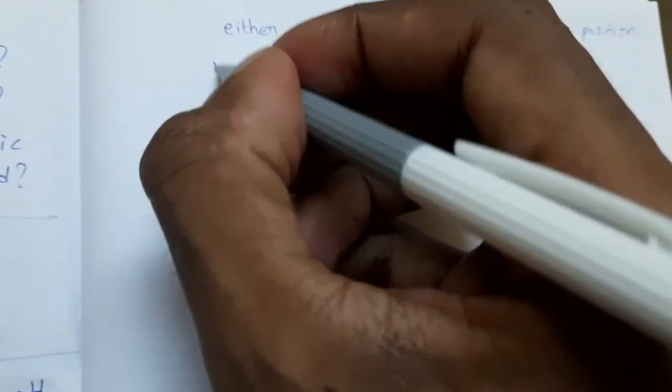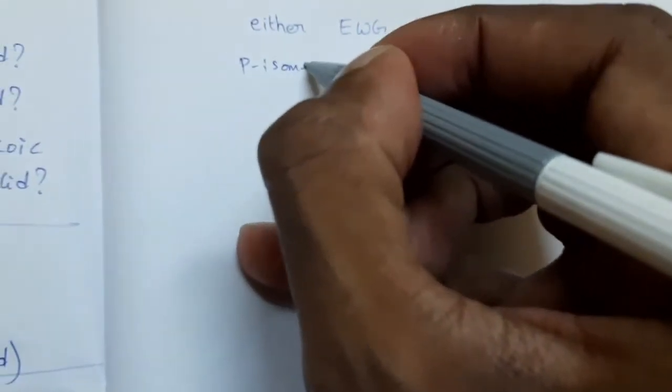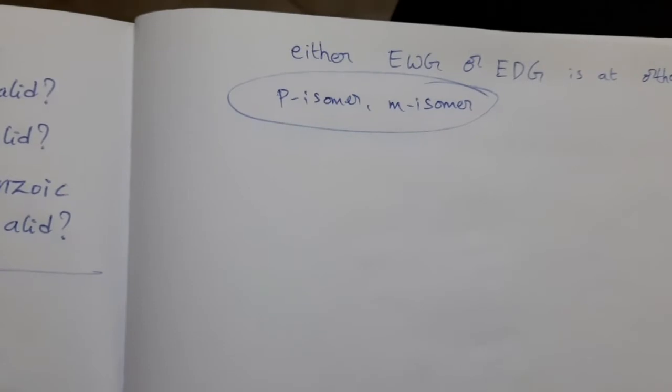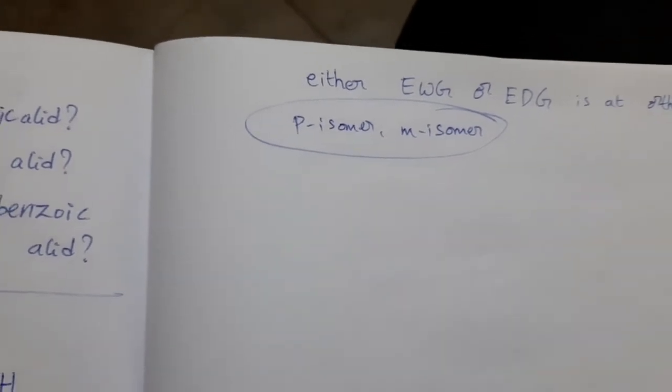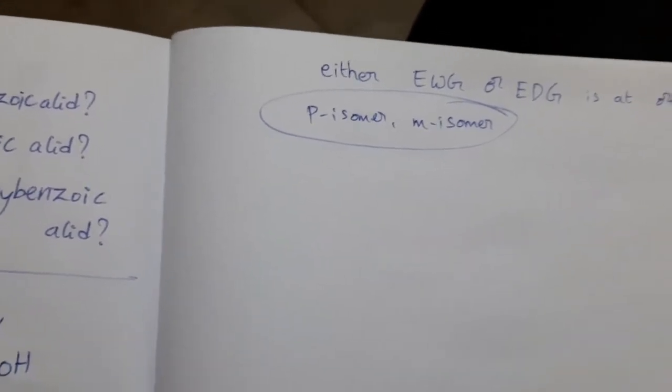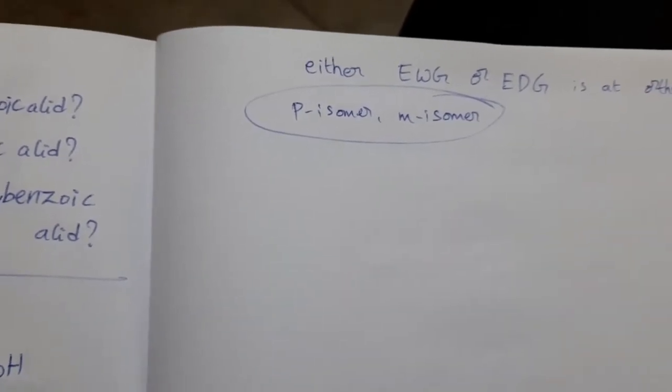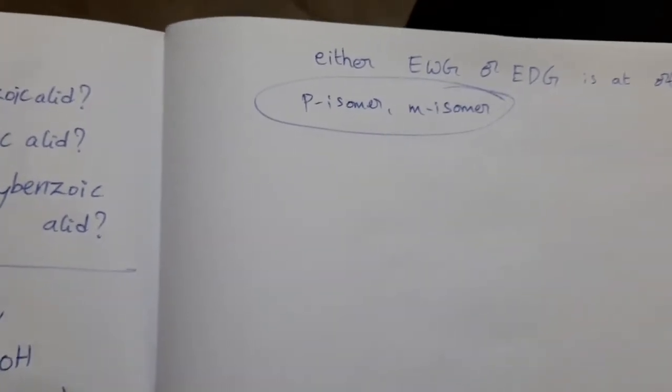And come to the para isomer, meta isomer. In these two forms, which one has more acidic character when electron withdrawing groups are present? Para isomer has more electron withdrawing effect than meta isomer. Remember this point.